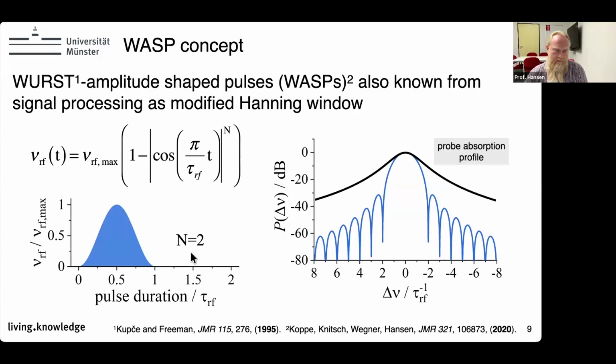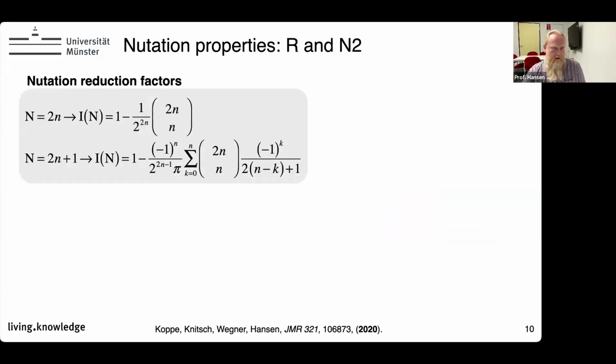So by changing the amplitude profile, going away from a rectangular pulse to this more smooth amplitude modulation, you can control the steepness of the pulse, of how fast it rises to 100%, and how fast it, of course, goes down, because it's symmetric. And this is, of course, what we want to have a look at.